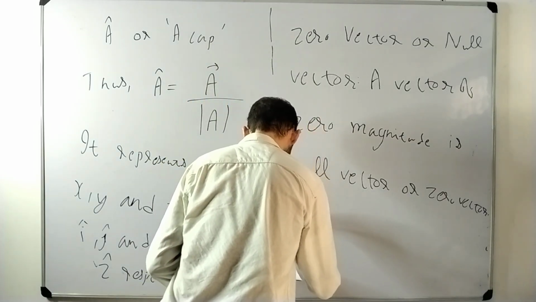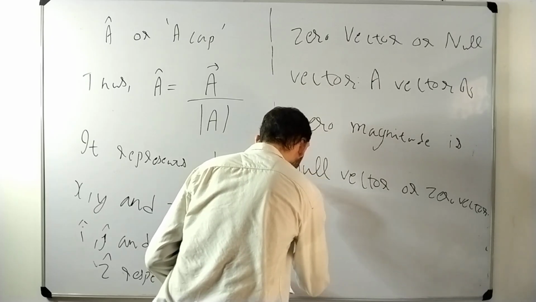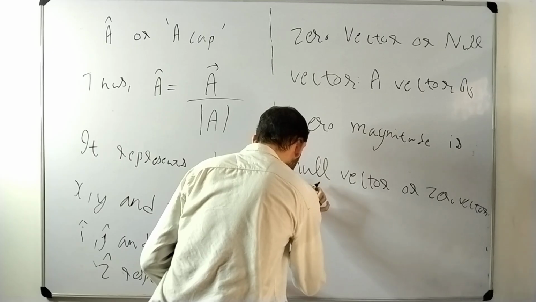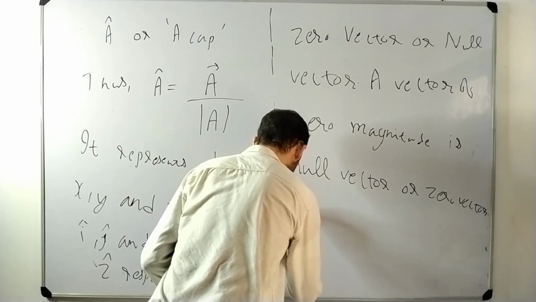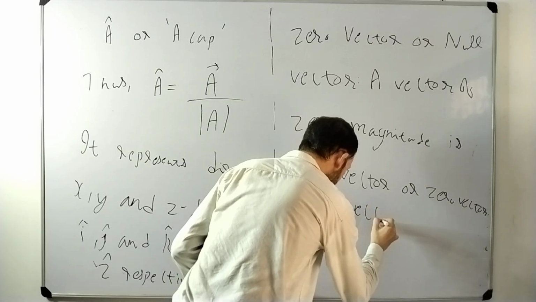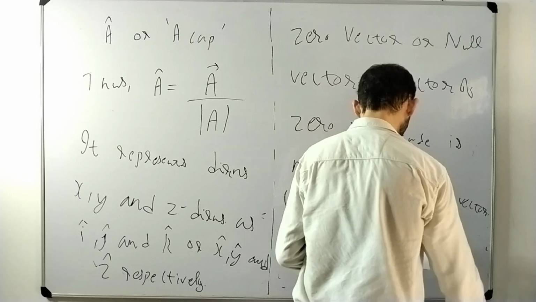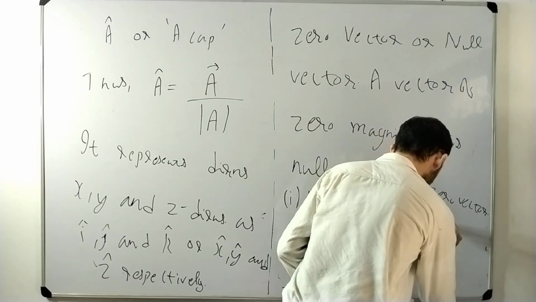First point, a null vector in itself has no direction. Being a vector, it does not give direction; it has no specific direction.